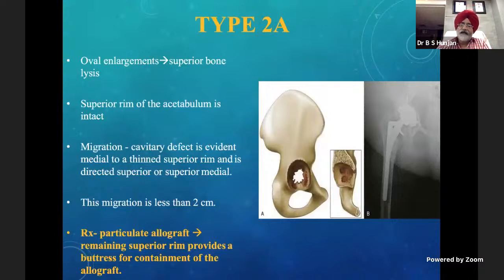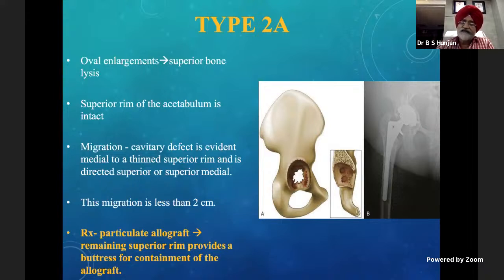Now, type 2A, because I told you Paprosky has divided the second category into three, 2A, 2B, and 2C. In 2A, there is oval enlargement, superior bone lysis, the superior rim of the acetabulum is intact, and the cavitary defect is evident medial to a thinned superior rim and is directed superior or superomedially.